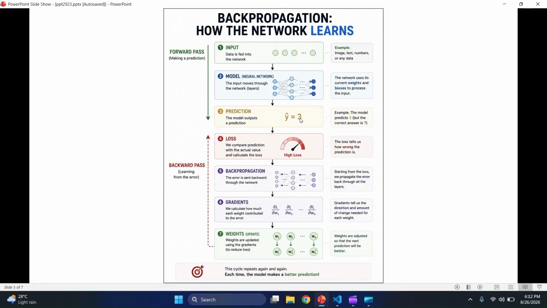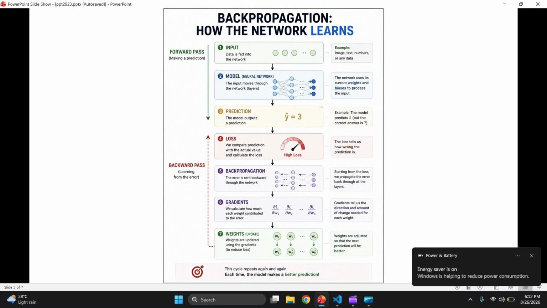You can see here, equal to 3. Then we calculate the loss. Once we know the loss, we go backward through the network. You can see here that we go back through this network. And this is called backpropagation. This is the most important part here.